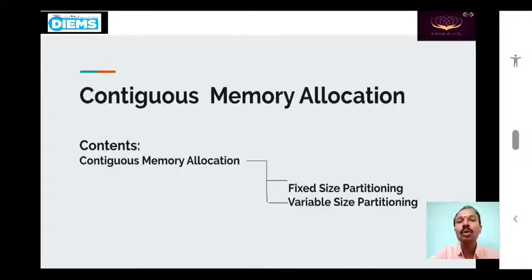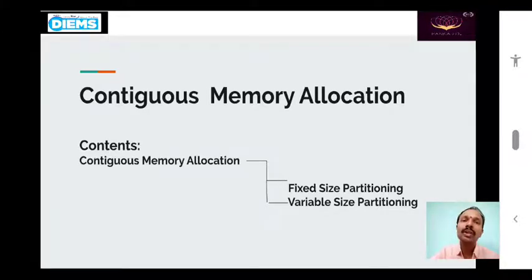And as we know, the CPU always fetches the data from the main memory system, right? So because of that, the logical address has to be converted to a physical address. That is what we saw in the previous video.